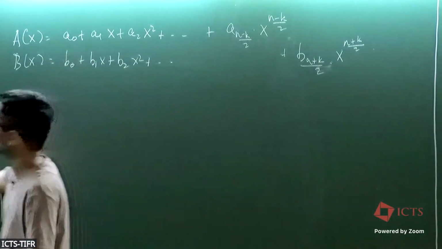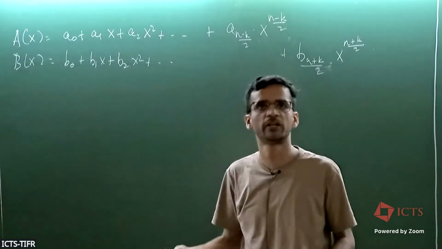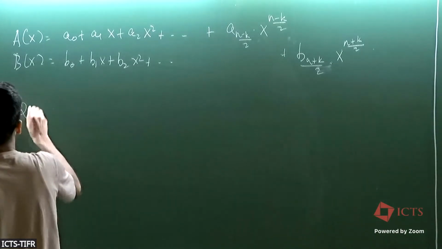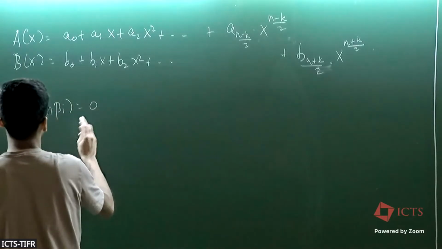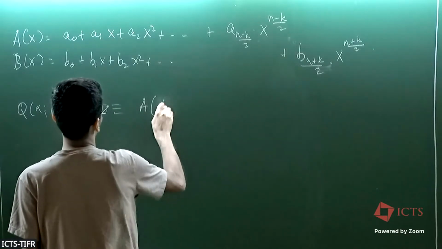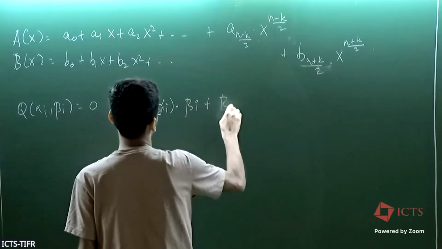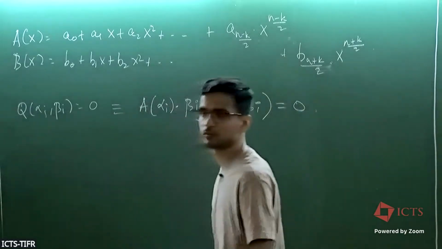Let's try to understand what this condition looks like. What does it mean to say that Q of alpha_i, beta_i should be 0? This is equivalent to A of alpha_i times beta_i plus B of alpha_i being 0.